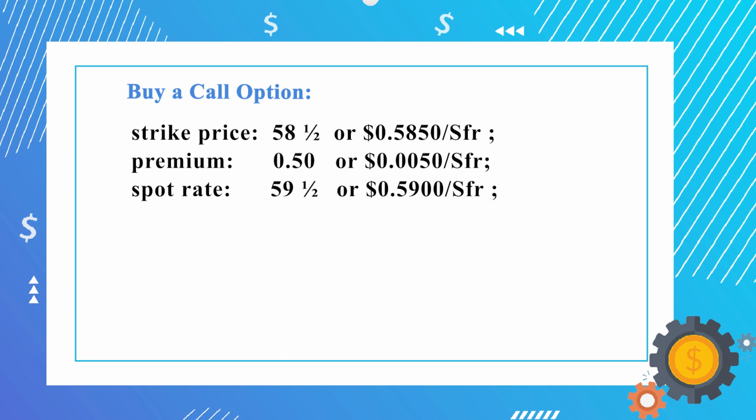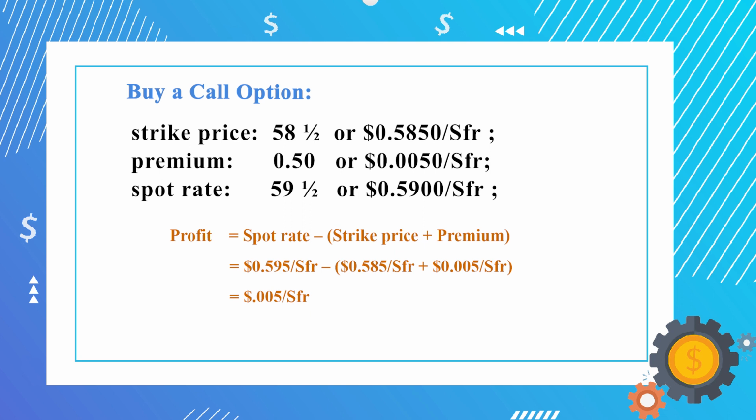Then, the speculation profit from buying a call option can be calculated with the following formula. Profit equals spot rate minus the sum of strike price and premium. In the example, that is $0.595 per Swiss franc minus the sum of $0.585 per Swiss franc and $0.005 per Swiss franc equals $0.005 per Swiss franc.